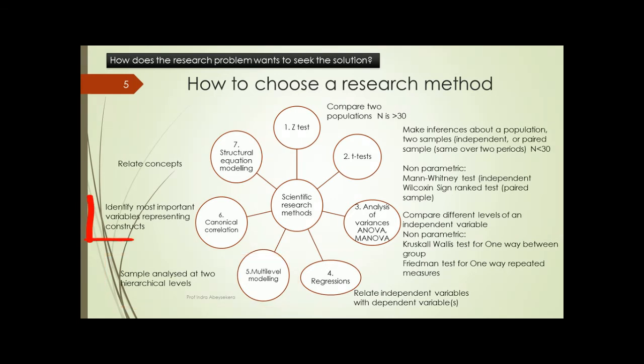Canonical correlation is to identify the most important variables representing constructs relating to the dependent variable and relating to independent variables. Most important variables. Structural equation modeling is to look at unobserved variables.